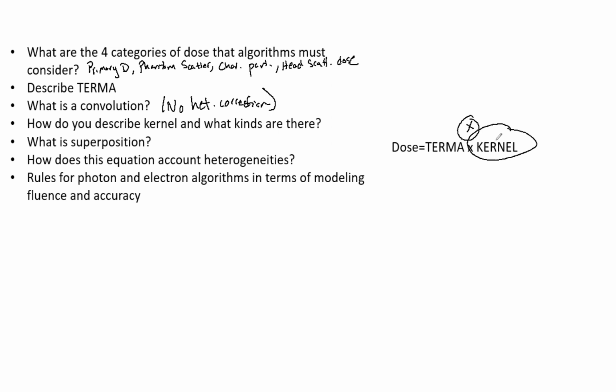Electron calculations have to model all of the secondary interactions. And so ultimately anything that's more accurate means that it's going to be slower because it has to simulate more secondary particles. So that in general is dose algorithms, a very quick run through, but I think this at bare minimum is what you need to know for part three.